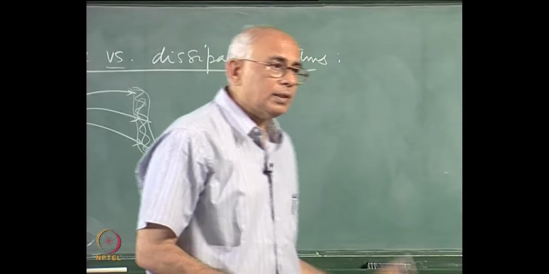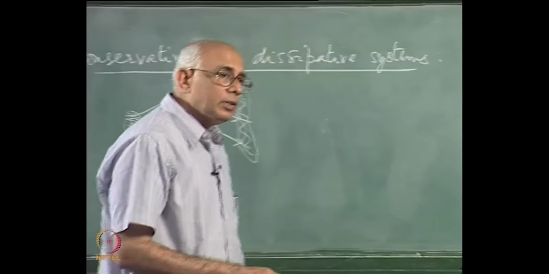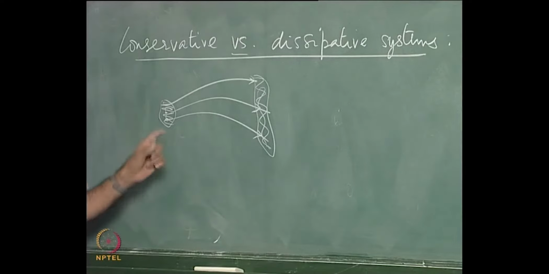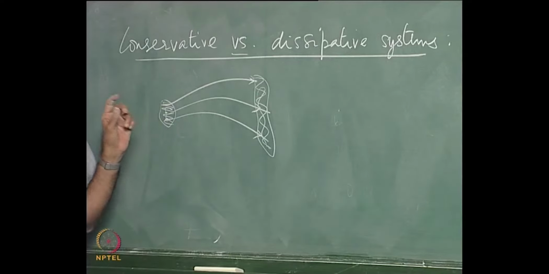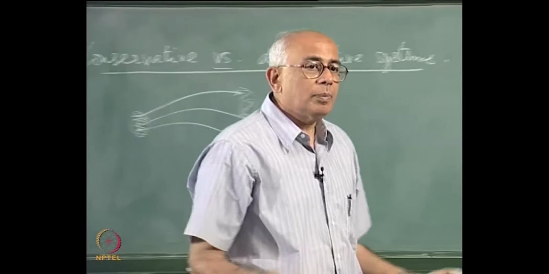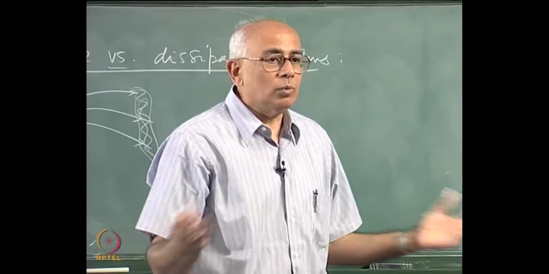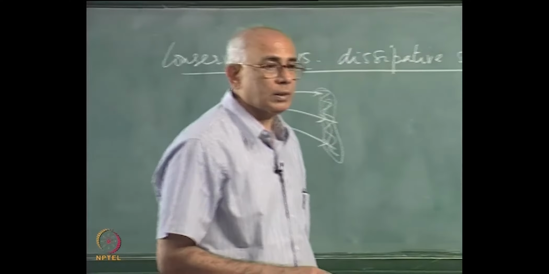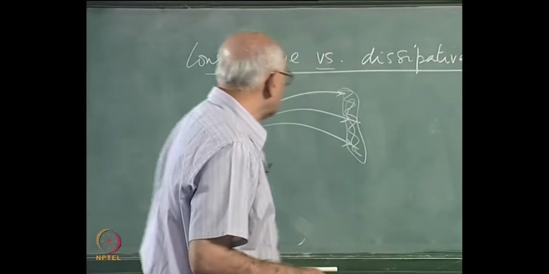All these possibilities exist. So one of the important things we are going to look at is twofold: one, what happens to volume elements as a whole as the flow occurs, and two, what happens to the distance between two neighboring initial conditions as a function of time. Do they come closer together? Do they go further apart? If so, what is the rate at which they move further apart? The second question is going to be of crucial importance in all that we study later on.